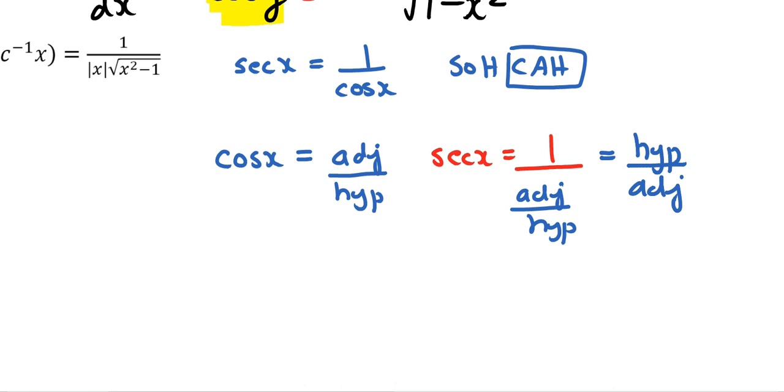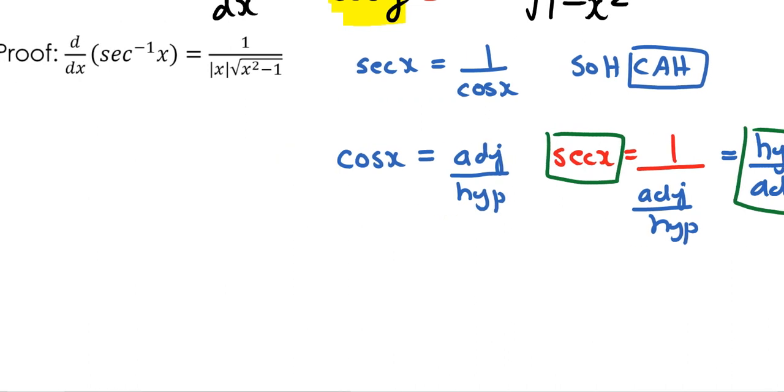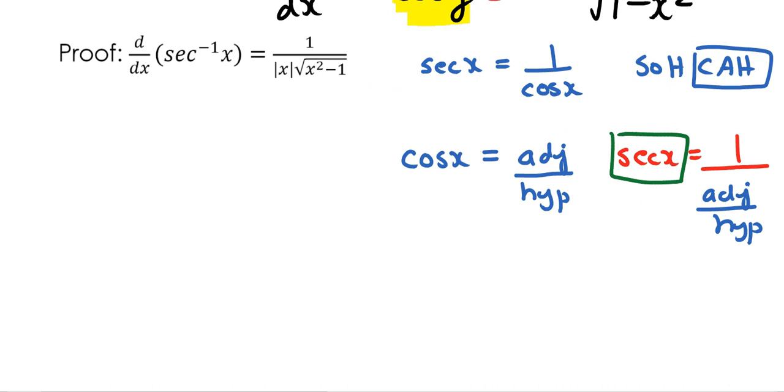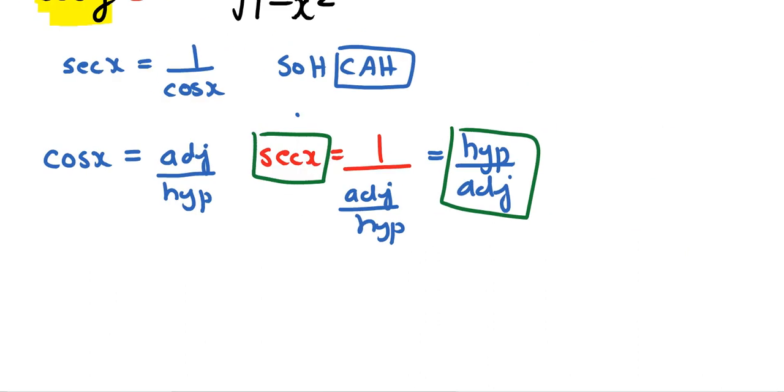This part right here will be important for the next proof. One of the reasons why I want to do a proof of the secant inverse function is because it has this absolute value here, and I want to explain why that's the case. So make sure we're okay with that ratio right there, and then we can start the proof.